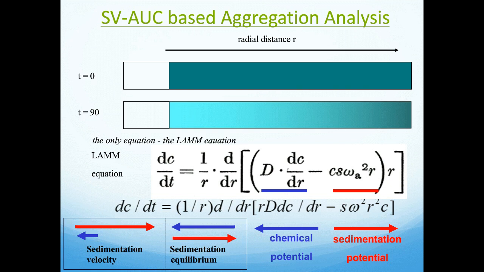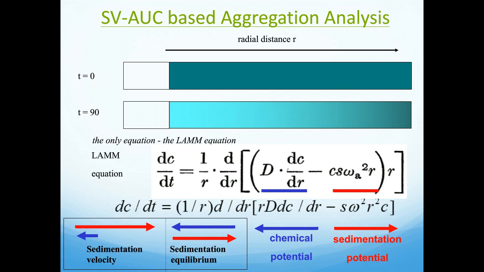So at the top, you have your homogeneous mixture at T0, and you apply your centrifugal force, as the arrow suggests, out towards the right-hand side of the screen, with the radial distance of the centrifuge increasing from the left to the right. And say after T90, you actually have a higher concentration or proportion of material at the bottom of the cell compared to the top.